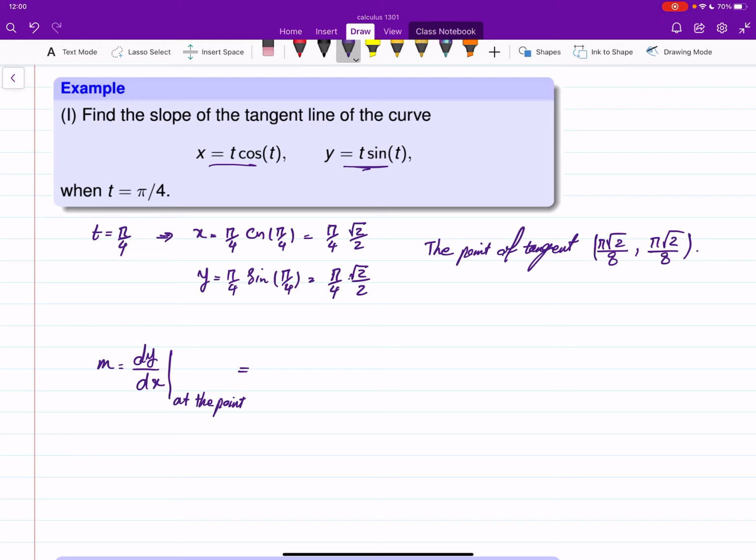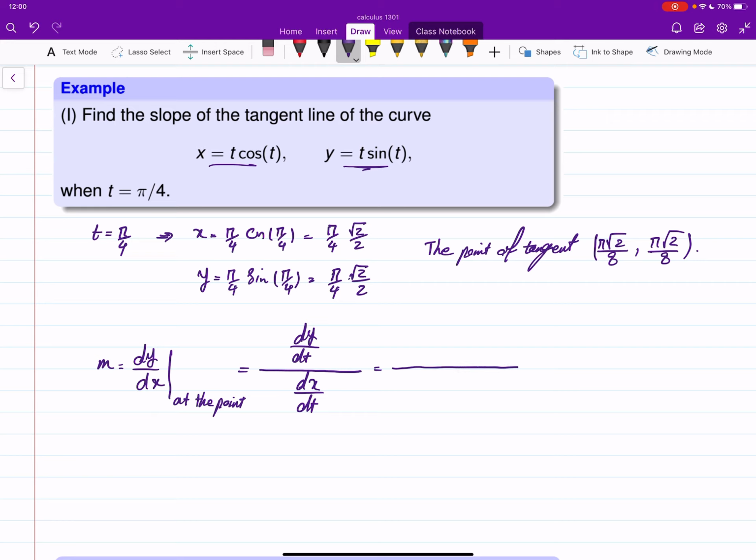Well, I know that I can find dy/dt and then divide by dx/dt, the derivative of y with respect to t divided by the derivative of x with respect to t, and that will give me whatever I want.